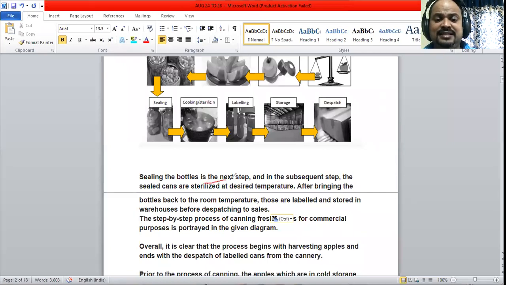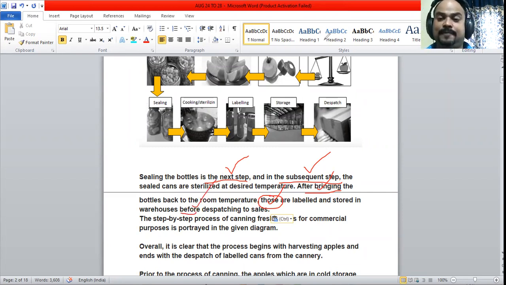Sealing the bottle is the next step. And in the subsequent step, sequential words: the sealed cans are sterilized at the desired temperature. After bringing the bottles back to room temperature, again sequential words, these are labeled and stored in warehouses before dispatching to sales.